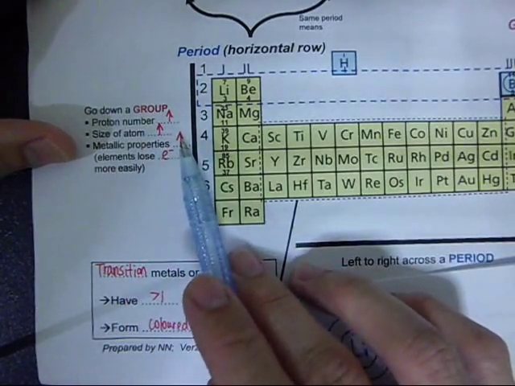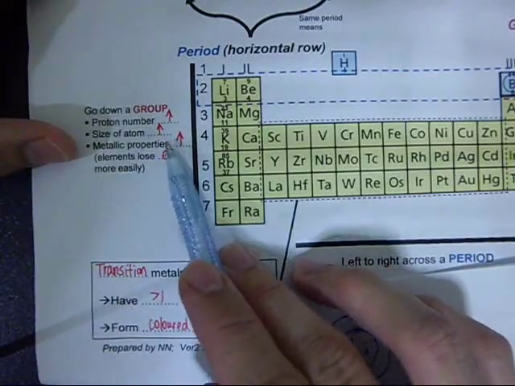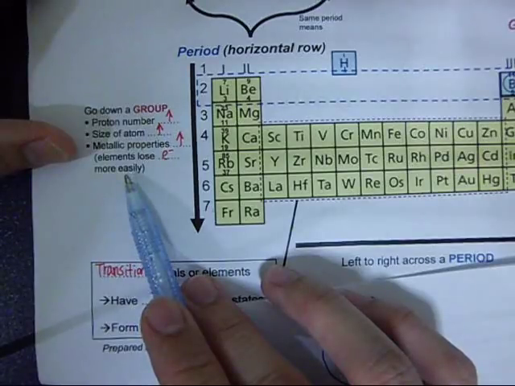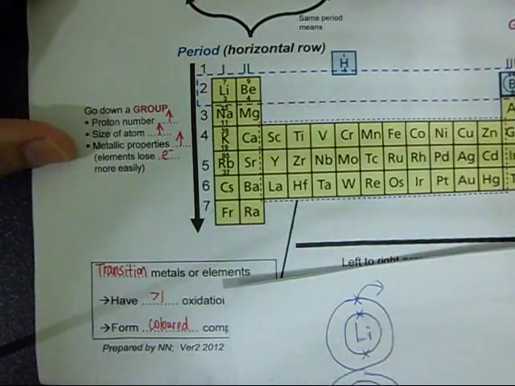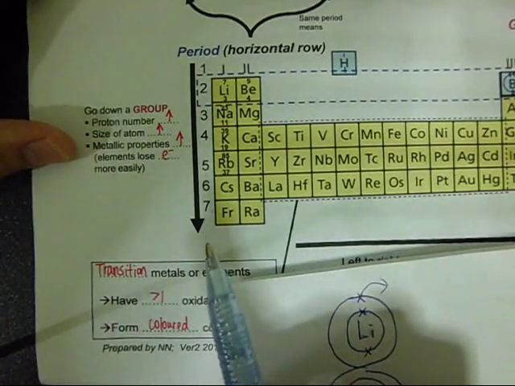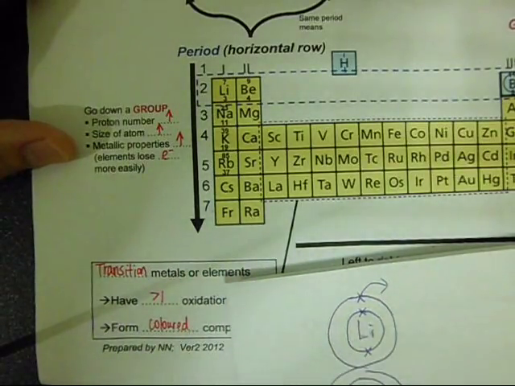Why metallic properties? Now this metallic property depends on how easily the element loses the electron. Okay, remember how metallic an element is depends on how easily an element loses an electron. If the element loses electrons very easily, that means it is very, very metallic.